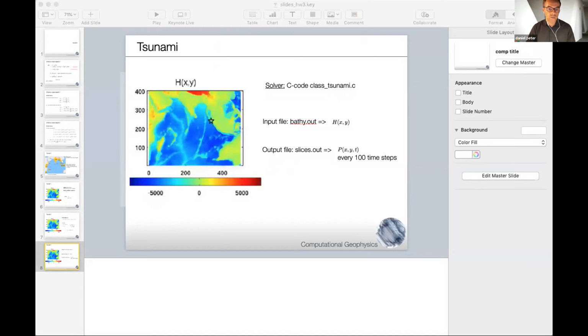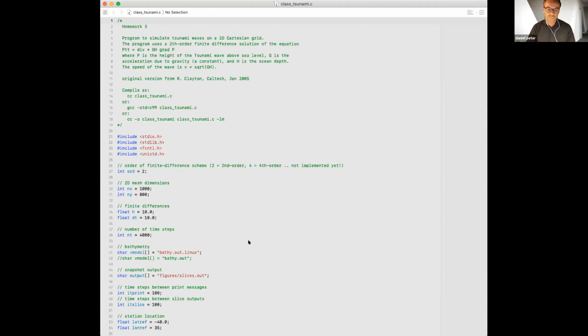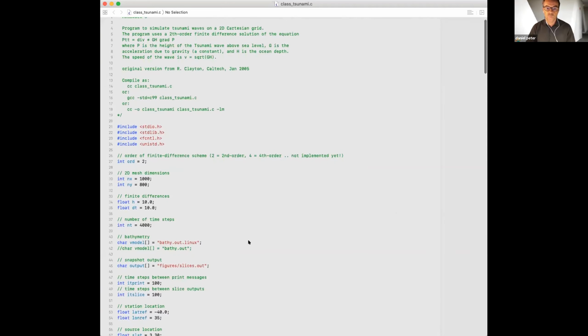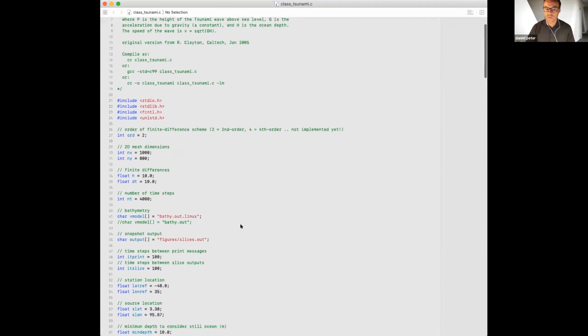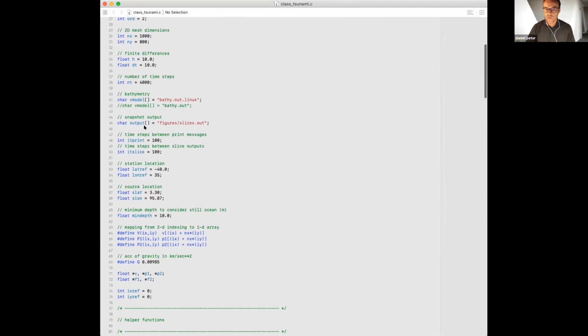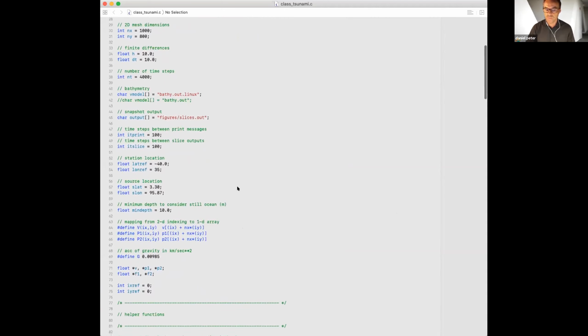I can quickly show you maybe how the code would look. Can you see the code file? Not sure if you can read it, it's quite small. But this is basically this little C code. It's the template, which already is set up such that it should run for second order.